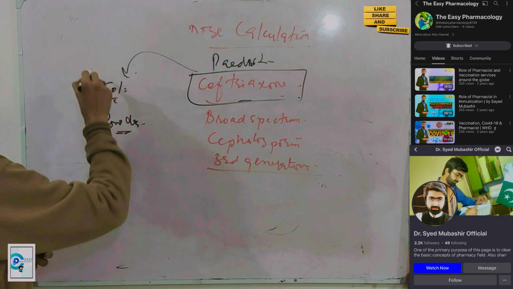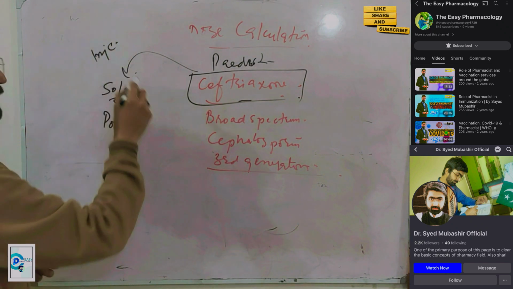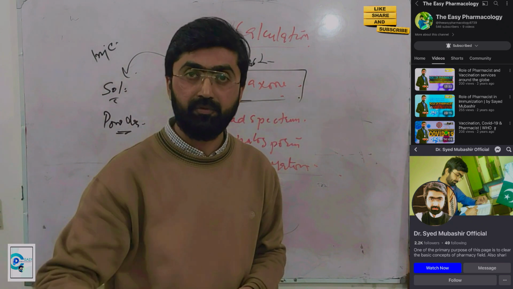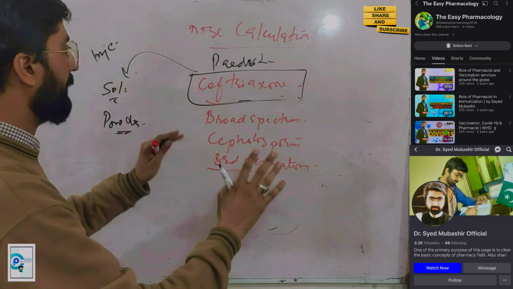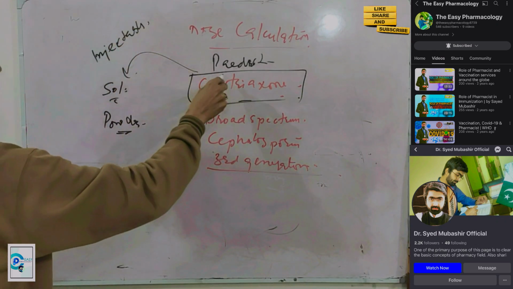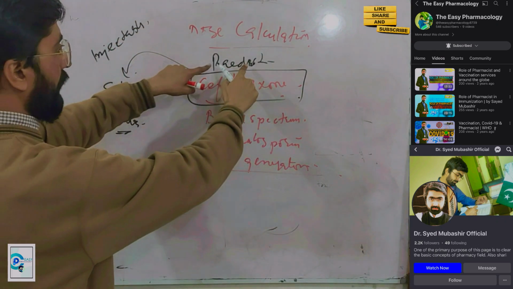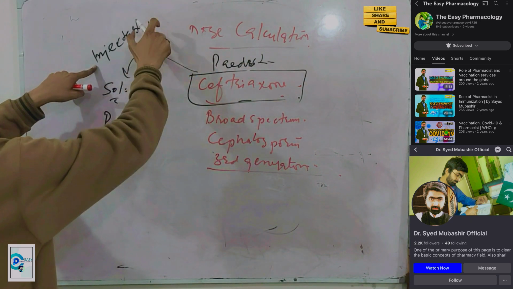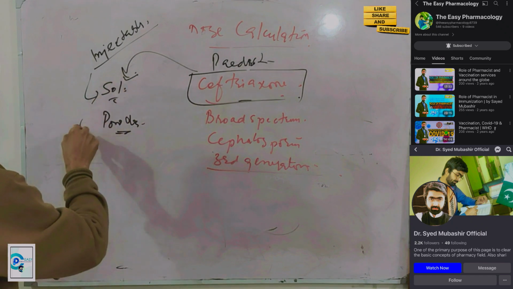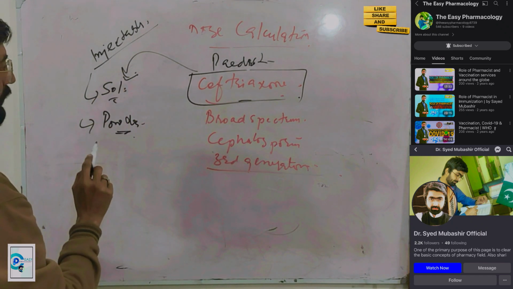Ceftriaxone is available in injectable form. Also this is available in oral form, also in elixir form. But I'm talking about the injectables. Ceftriaxone for pediatric patients, dosage form is injectable, and this is available in solution form and also in powder form.